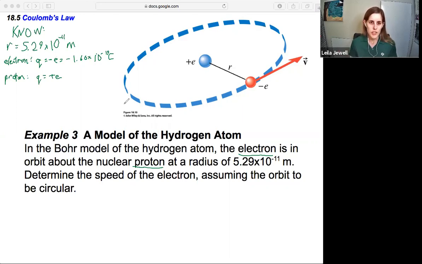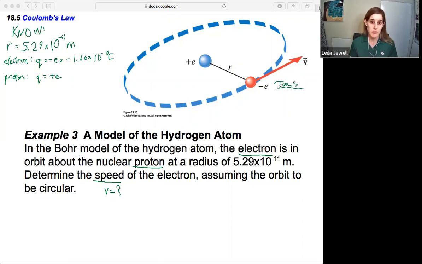What do we want to know? Notice it says we want to find the speed of the electron. So we want to find how fast it's going. Okay. Thinking about that, what tools do we have that might help us out here? I'll jot down over here.